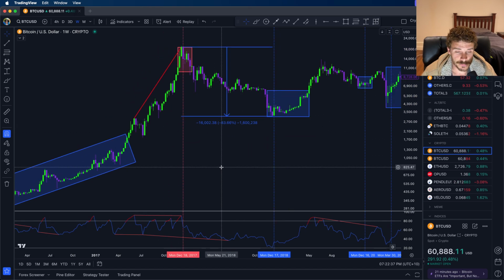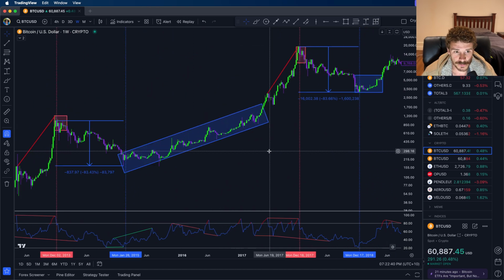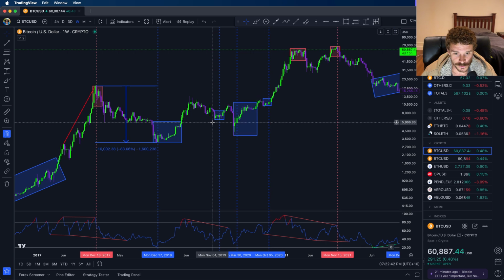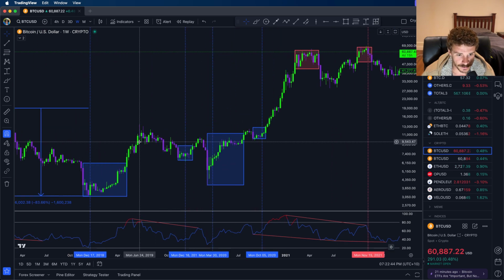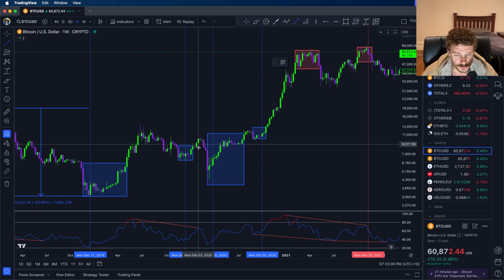Big 83% drop, just like this one, 83%. And the next divergence played out in 2019, we're in rate cuts, and then we had this peak, which was the last rally before the big pandemic drop. And as you can see, the divergence played out pretty well. Kind of did, but kind of didn't.